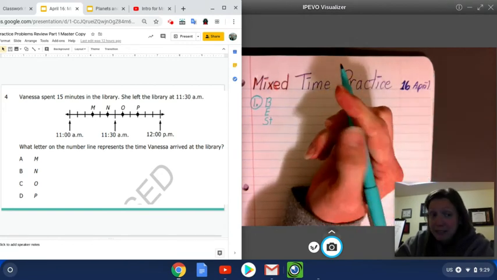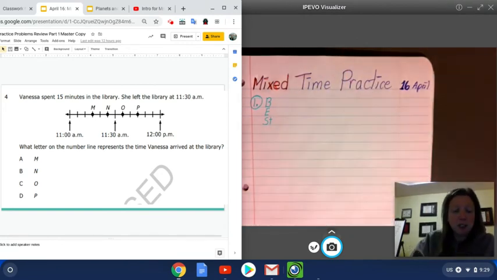Because maybe number lines I don't understand as much. But if we look at it, if this is 11 and this is 11:30, what increments are they counting in? How are they counting? Are they counting by twos?